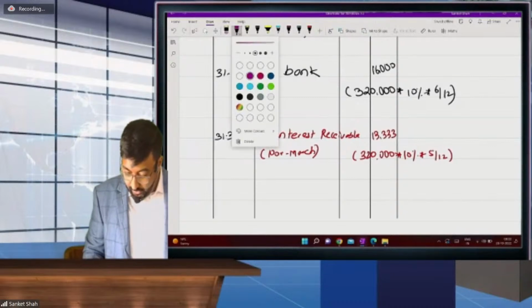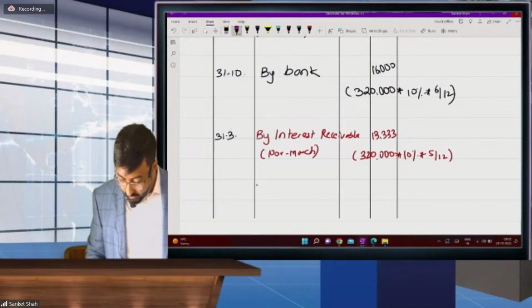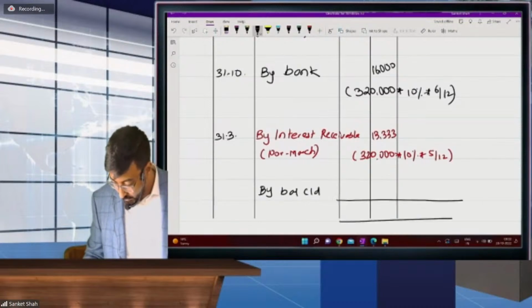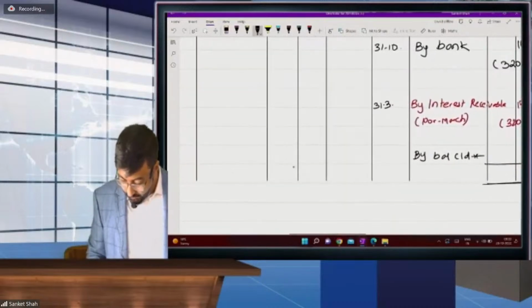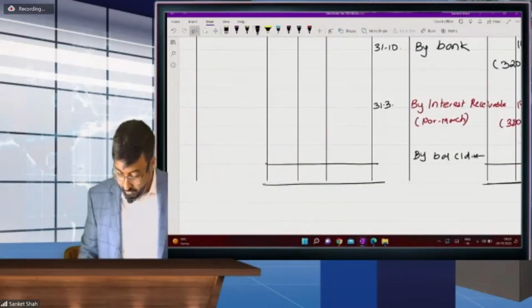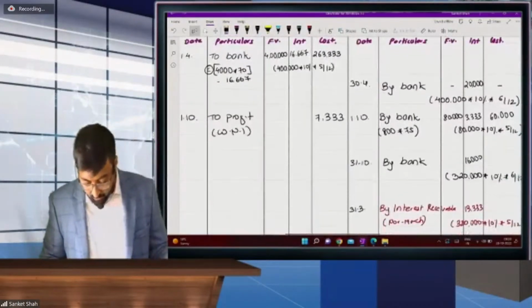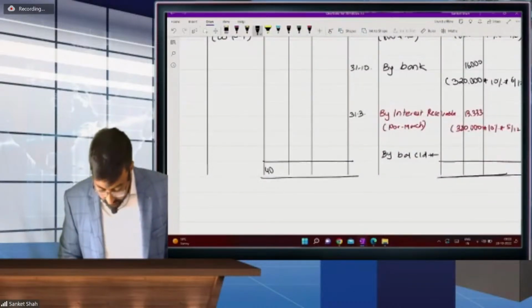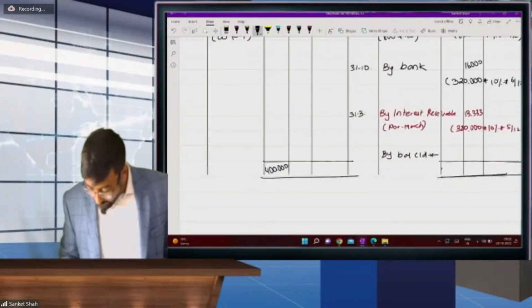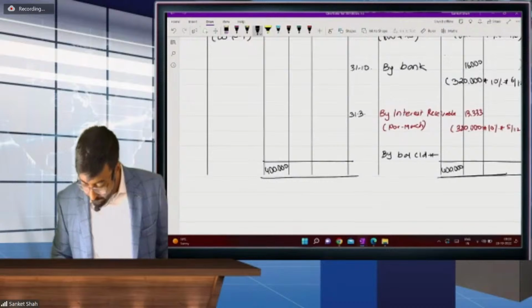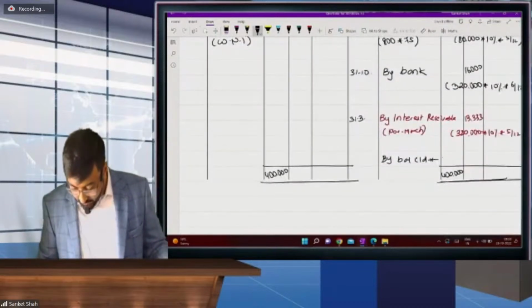And then you can write by balance carried down. Star mark. By balance carried down. 4 lakhs minus 80,000.